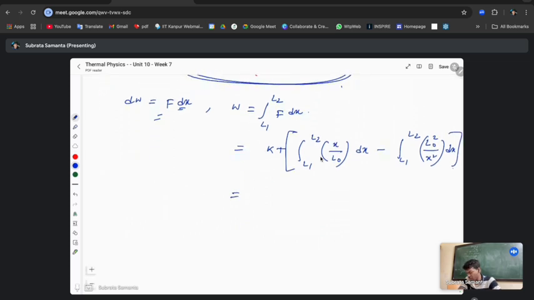After integrating this, kT times 1 over L naught, L2 square minus L1 square, plus L naught square times 1 over L2 minus 1 over L1, right?